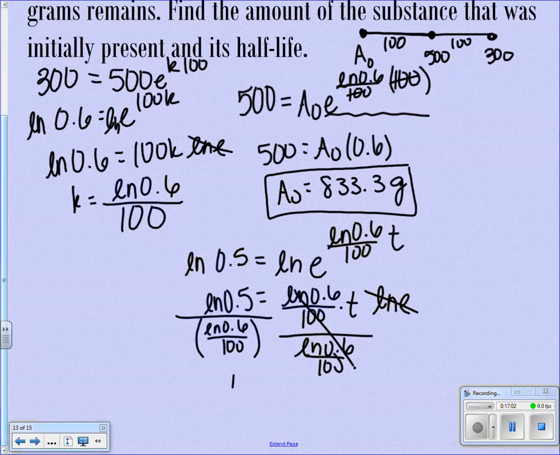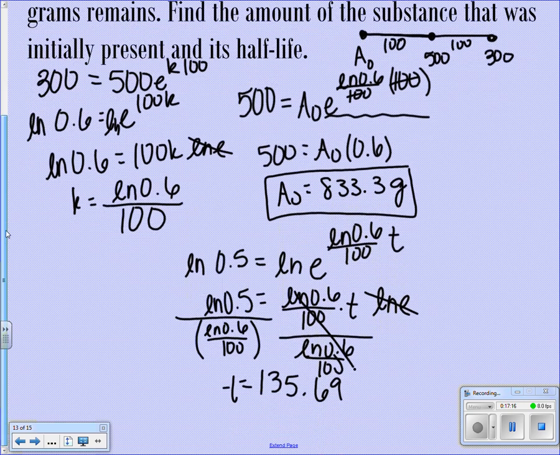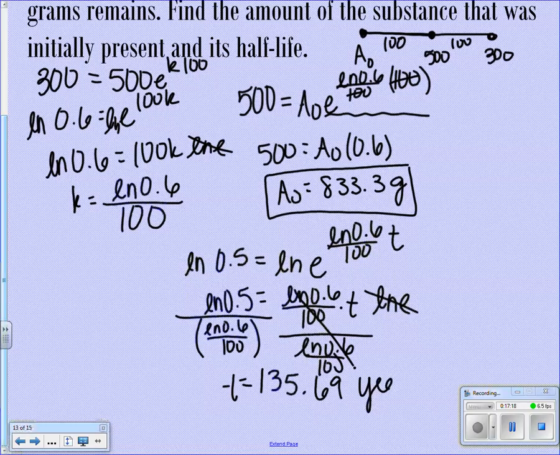And you should get that your time is 135.69, and it was years. So 135.69 years. That would be your half-life.